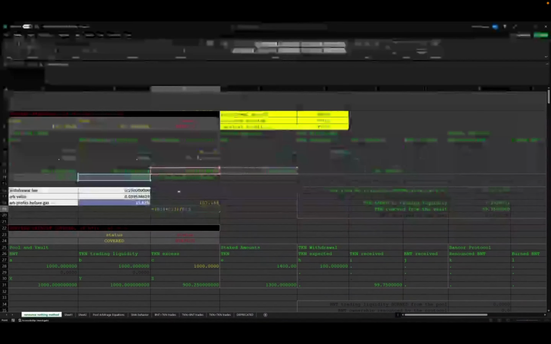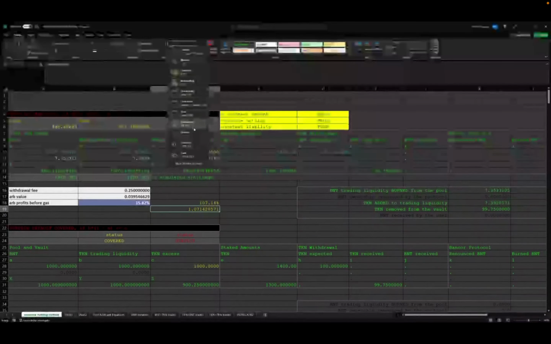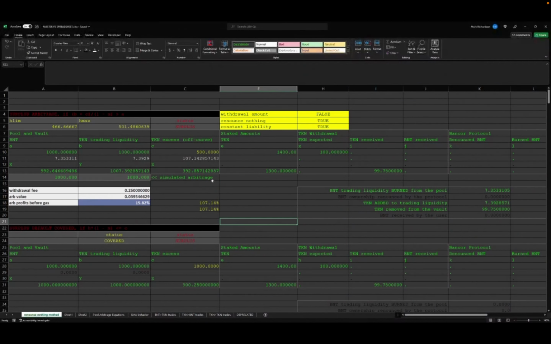So if our calculations are correct, then we should find that at the end of that process, the actual surplus number has not changed, right? That is critical because it means that this user's withdrawal doesn't affect the state of the system for the next user who wants to withdraw after that, okay?